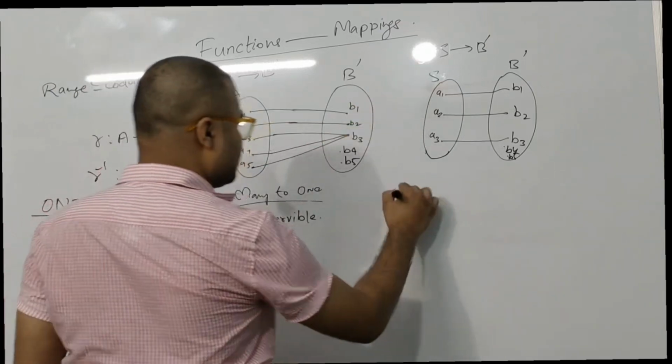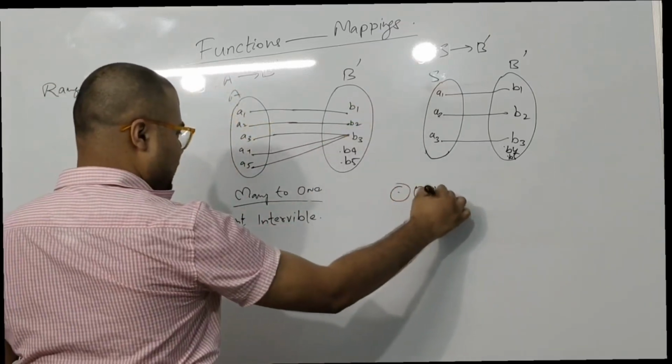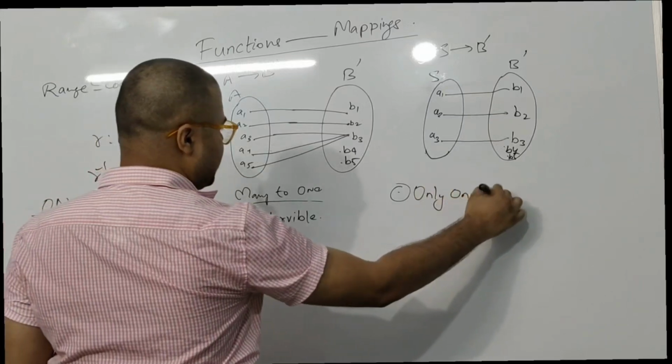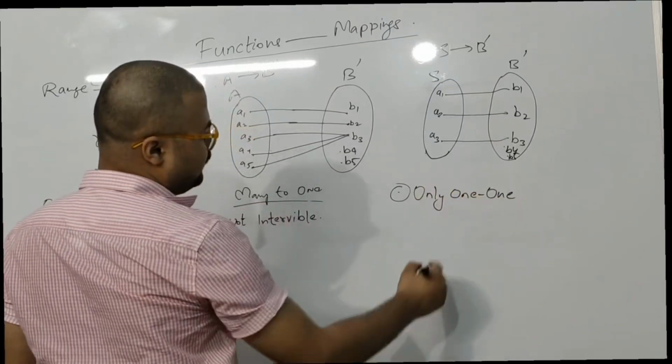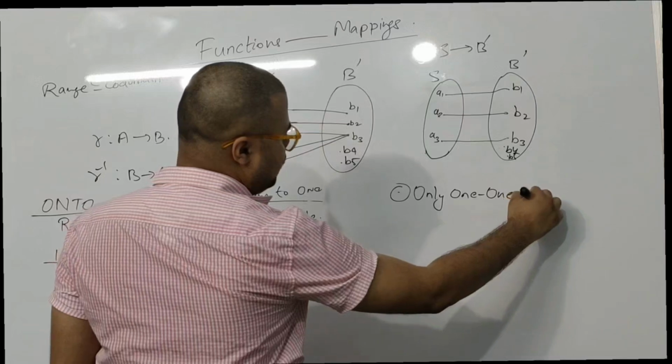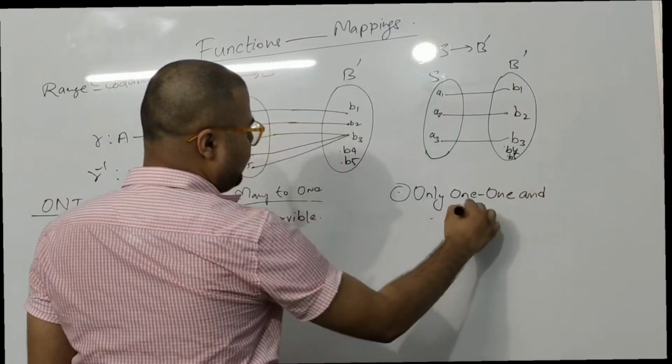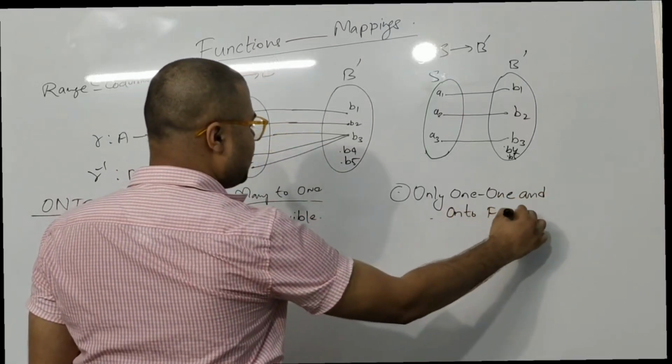So only one-one and onto functions are invertible.